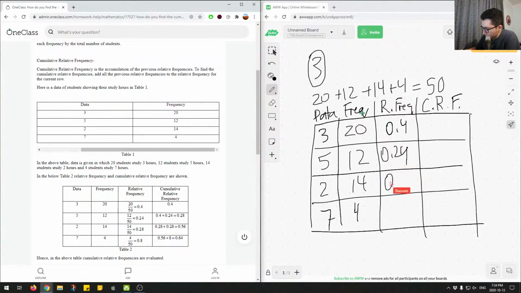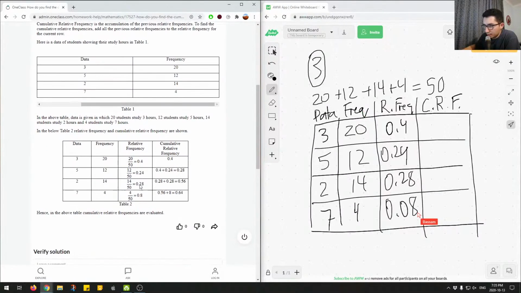For the third row, we get 0.28. And finally, we have 4 divided by 50, and we get 0.08. So we can see that the final row here is incorrect. However, when they're doing the calculation, they get the correct final answer. But this should be 0.08.